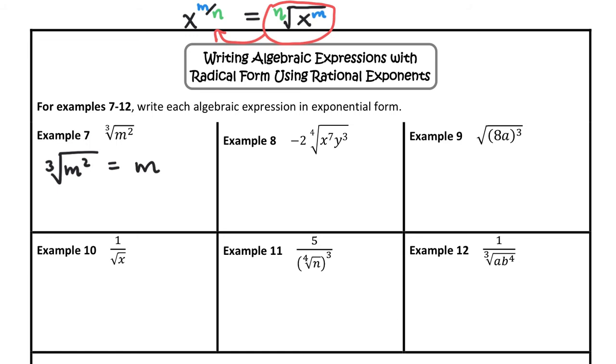It's the number inside divided by the one outside. So it's m to the power of 2, the number inside, over 3. So it's the number inside divided by the number outside.